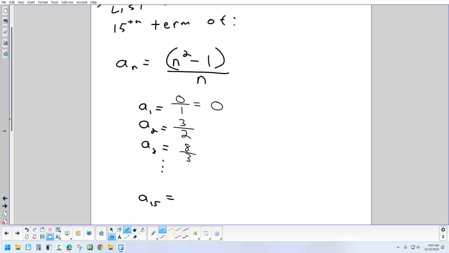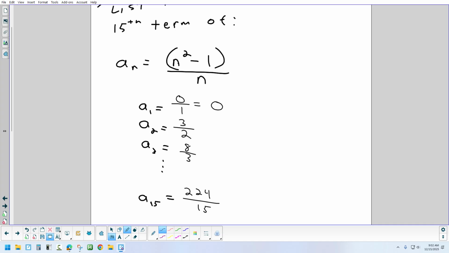Okay, and now we want the 15th term. Gianna, what are we going to plug in for n to find the 15th term? 15. So 15 squared is 225, minus 1 is 224, and we're going to divide by 15.